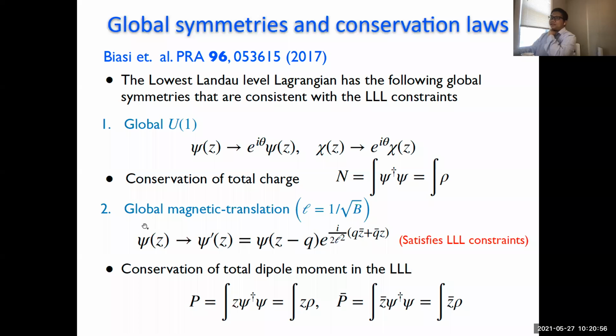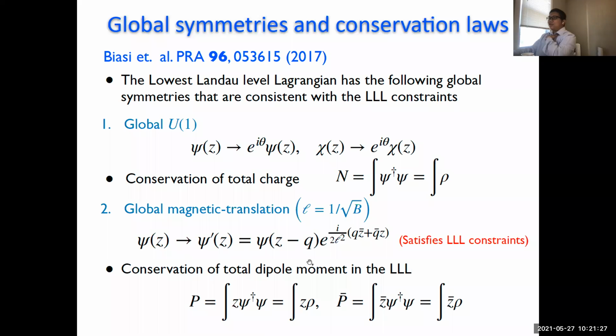Furthermore, you also have the global magnetic translation, where the electron field transforms in this way. z is nothing but x plus iy, which I forgot to introduce, and l here is nothing but the magnetic length. You can show that this transformation satisfies the lowest Landau level constraint when psi also satisfies the lowest Landau level constraint that I introduced in the previous slide.